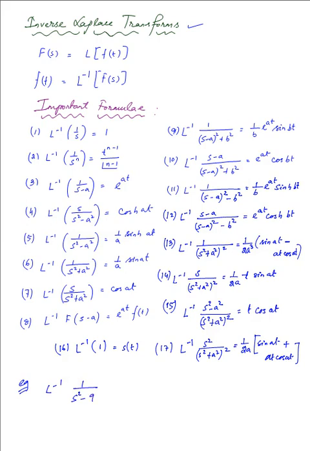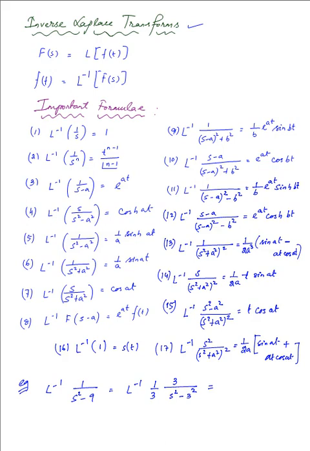As you know, 9 is obviously 3 squared, so what we can do is multiply by 1 over 3 such that we get a 3 over here, and we have s squared minus 3 squared for 9. And this is of the form as you may come across over here, that is s over s squared minus a squared, which is this one.